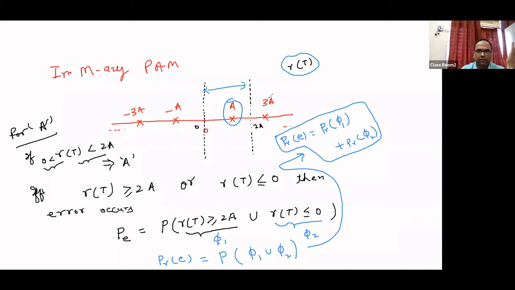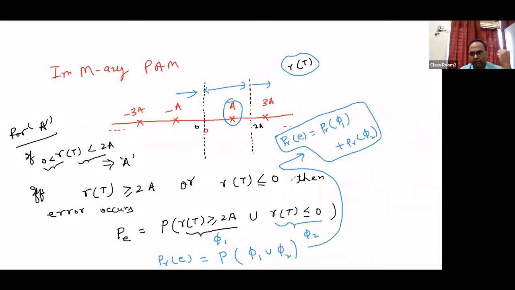But if r(t) is greater than 2a, or r(t) is less than or equal to 0, meaning in this region, and still the detected symbol is A, then there is an error. Because we have to calculate the probability of error, we are taking the case where r(t) is greater than or equal to 2a or r(t) is less than or equal to 0, right?